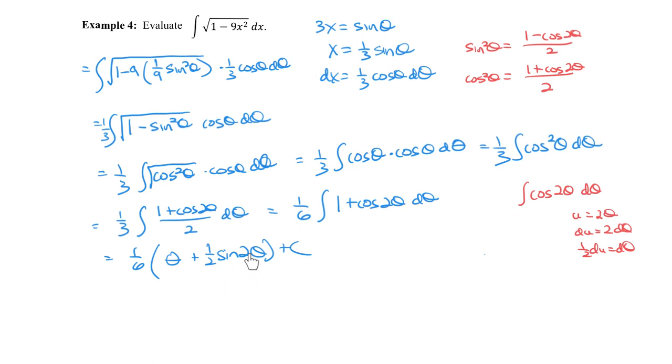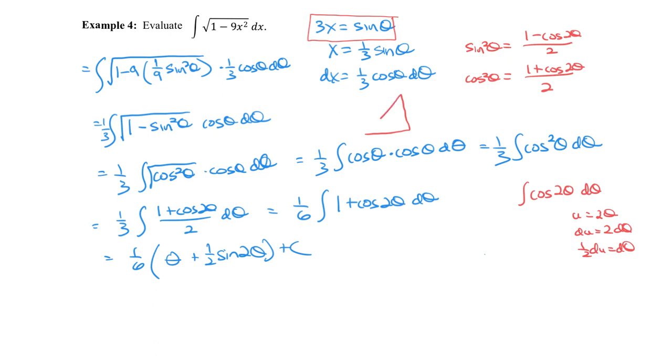Okay, so now we've got an answer in terms of theta, but we need our answer in terms of x. So I'm going to go back to 3x equals sine of theta. Based on that, I'm going to draw a little triangle here.